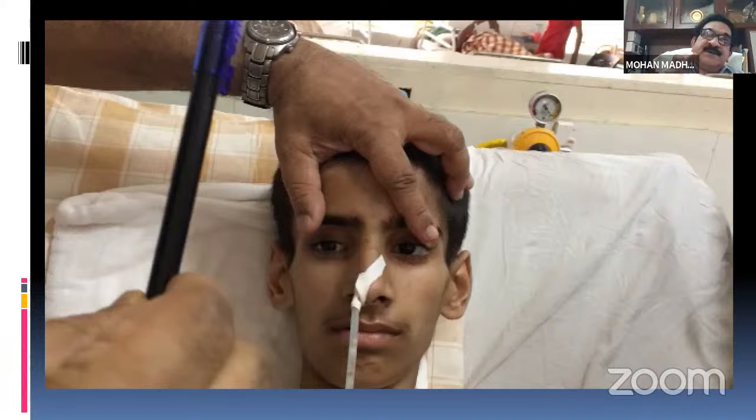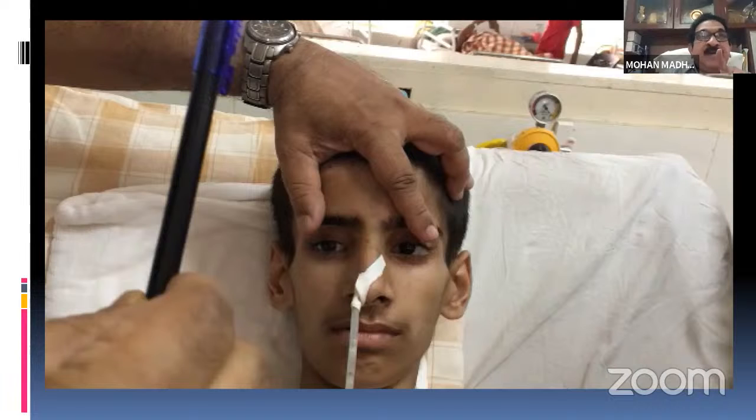If somebody has that kind of abnormal synkinesis, we need two different kinds of nerves. That means the problem has to be from birth itself. Here the patient has abduction restricted, and downward movement is also restricted.